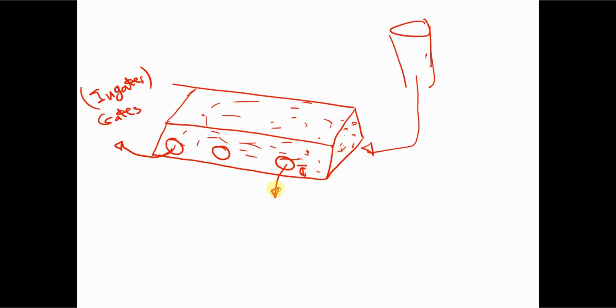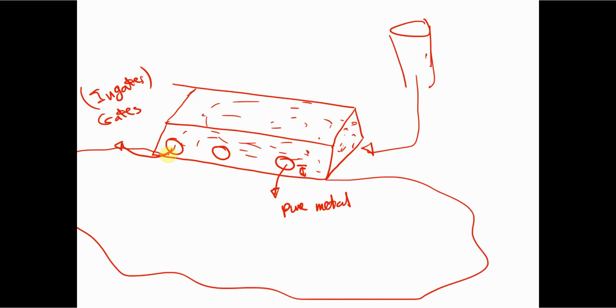So we are allowing only the pure metal to fill into the mold cavity, and definitely all of this area will be the mold cavity, right? So we are already pouring pure molten metal into the mold. This should be the mold cavity.